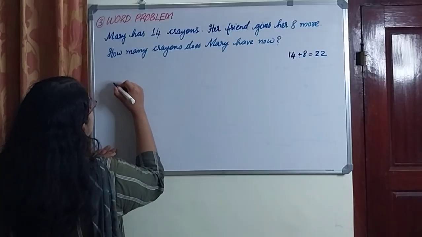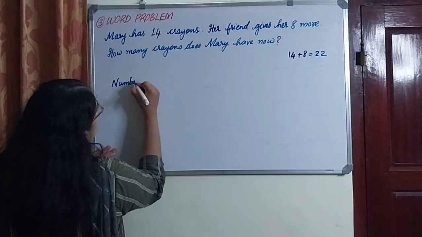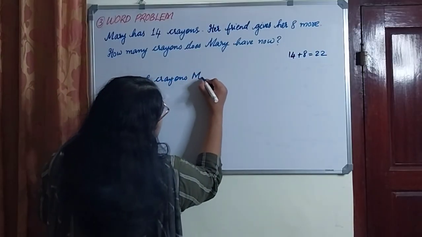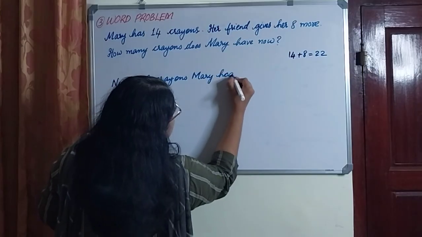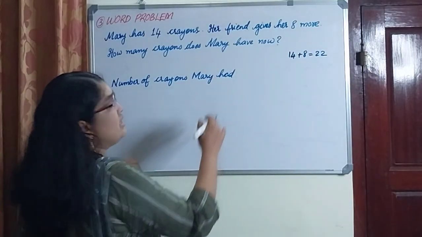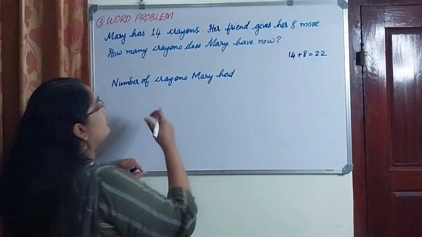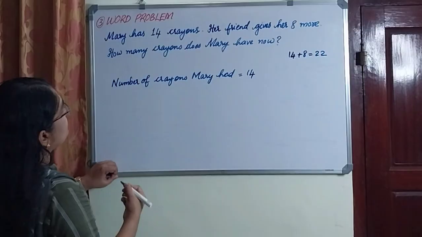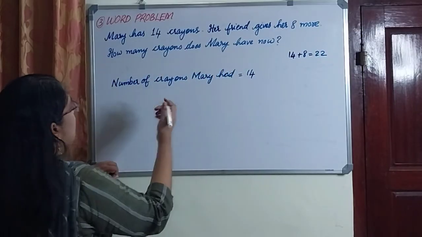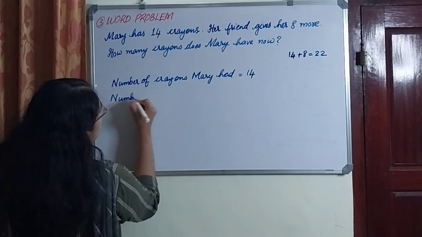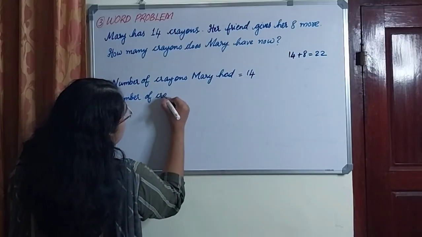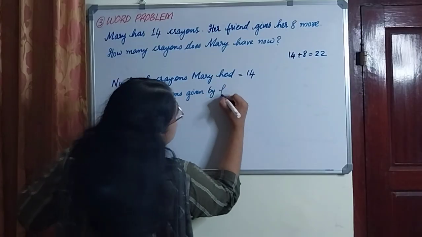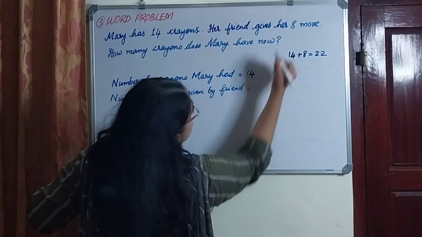First step. Number of crayons Mary had. Initially, Mary had 14 crayons. That we have to write in this step. That is 14. Next, her friend gives her 8 more. The step is number of crayons given by friend equals 8.